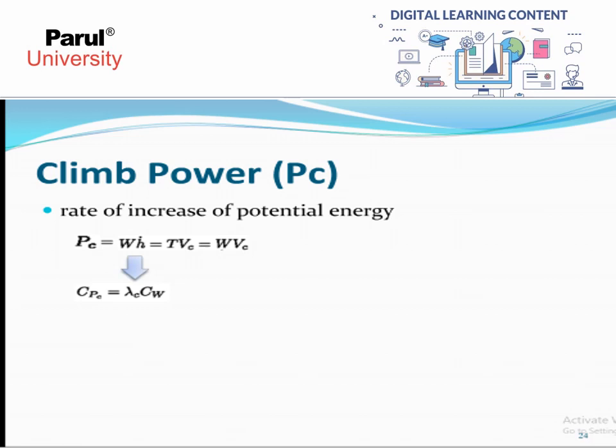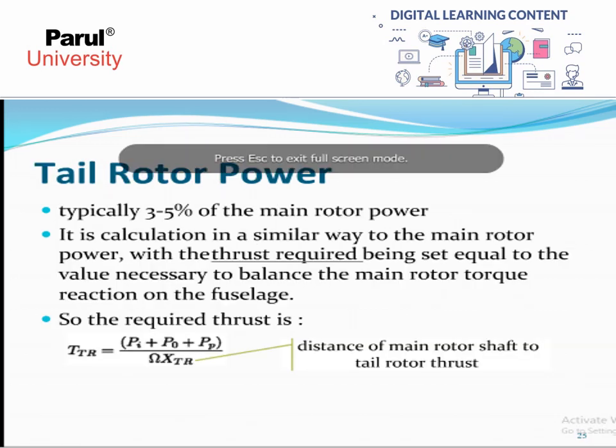Then W is approximately equal to thrust, and h dot, dh by dt is nothing but Vc, climb velocity, so we can say T into Vc, also we can write W into Vc, because T and W are equal in this situation. Then CPC, means climb power coefficient, is equal to lambda C into CW. Right? Now we can go for the next.